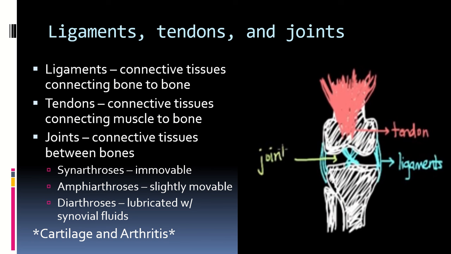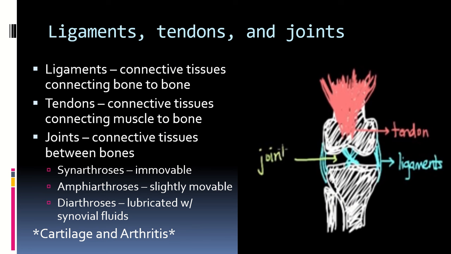Ligaments, these are connective tissues that are connecting bone to bone. These help connect one separate bone to another separate bone. But these are lined on the outer surface of the bones.